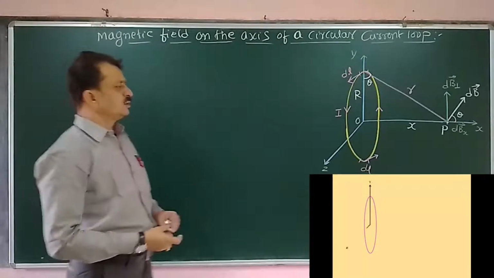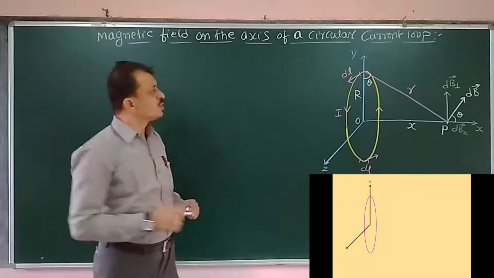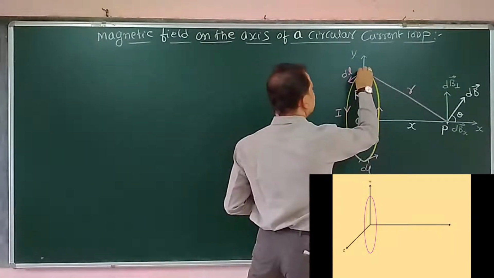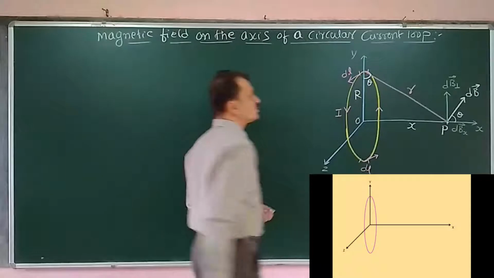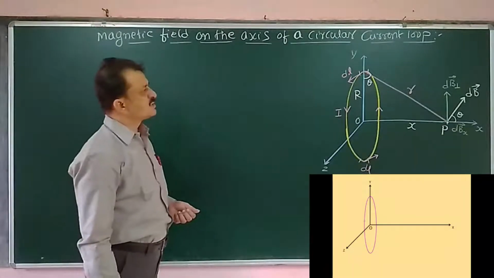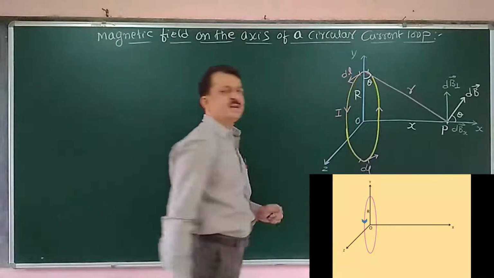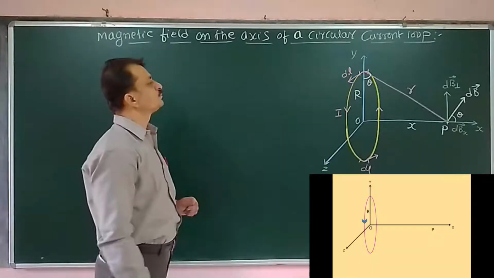For that, we consider a current element, a small portion of the circular loop, a small portion of the current carrying conductor. It is a current element of length dl. Clear?